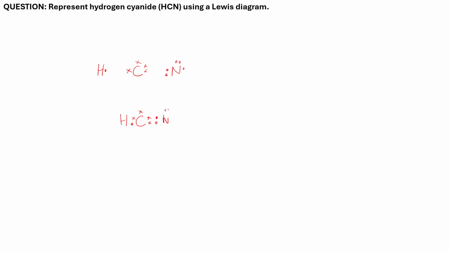Now let's count the number of electrons surrounding the carbon. It's going to be 2, 4, 6, 7. They are now 7. Instead of 6, they are now 7. You see, they are increasing. But still, we haven't obeyed the octet rule. Even for nitrogen, we can see that we have 2, 4, 6, 7. Yes, it is also increasing. We have 7. We need 8. Still, it hasn't obeyed the octet rule.